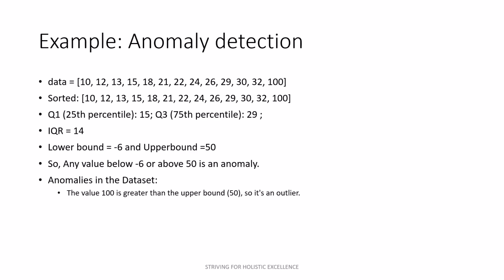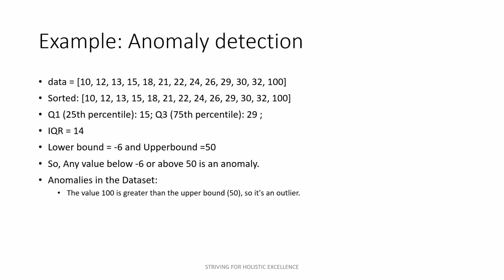So the lower bound is Q1 minus 1.5 times IQR, that is 15 minus 21, which is minus 6. And the upper bound, on the right side, is Q3 plus 1.5 times IQR. Q3 is 29, so 29 plus 21 is 50.